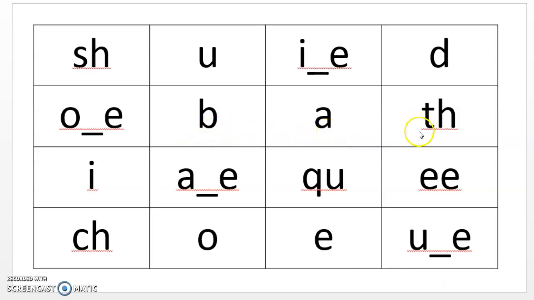A. Sound. F. Sound. I. Sound. A. Sound. Qu. Sound. E. Sound. Ch. Sound. Ah. Sound. E. Sound. U or oo.